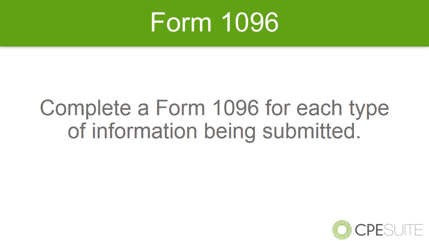A lot of small businesses, if they're going to issue, say, 2 or 3 1099 miscellaneouses and a few other 1099 or 1098 series or 5498 series returns, will unfortunately lump them erroneously onto a single 1096. So it's important that our clients understand that they must complete a Form 1096 for each different type of information return that they're submitting to the IRS.